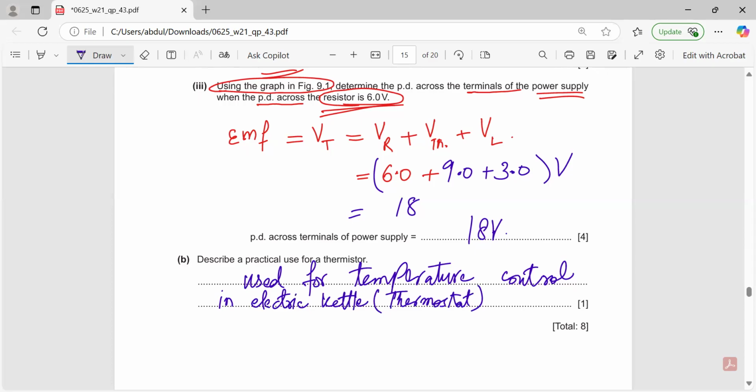There is a thermostat even in the incubator, in the fan, in the AC, air conditioner. So many uses. Where temperature sensing is needed, we can control the temperature with the help of a thermistor.